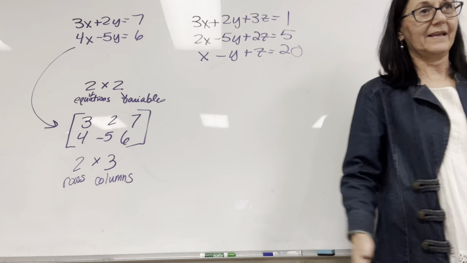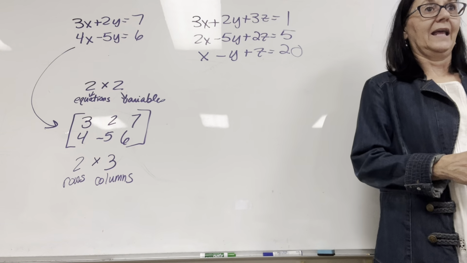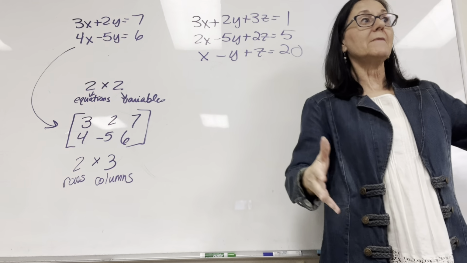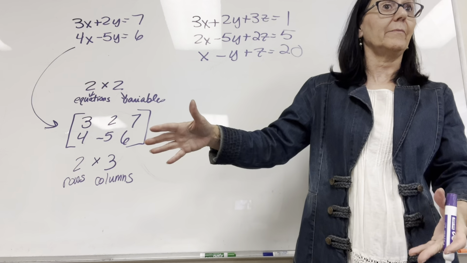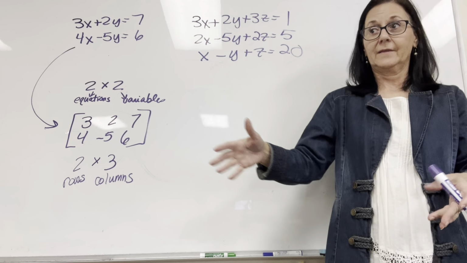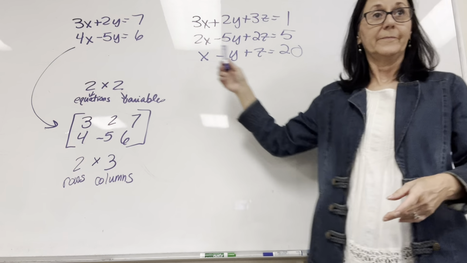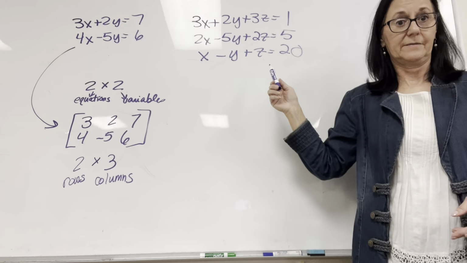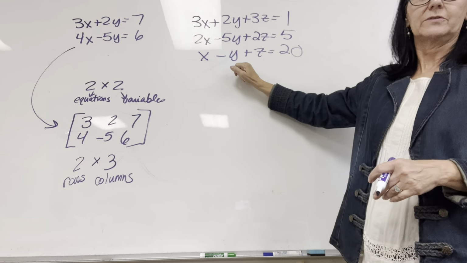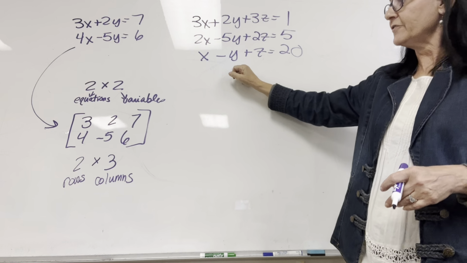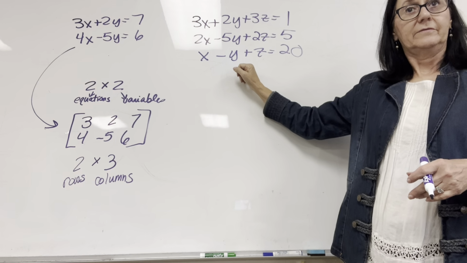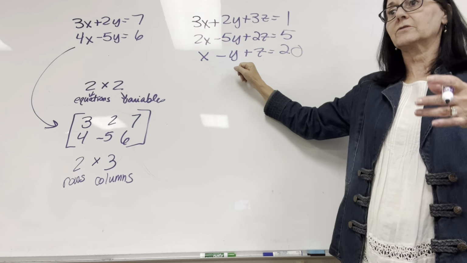I just made that up. As you keep getting bigger and bigger, you have to have the same number of equations as variables in order to solve them. We in Algebra 2 have solved these types of systems. You have to have a square system, a 2 by 2, a 3 by 3, a 4 by 4.